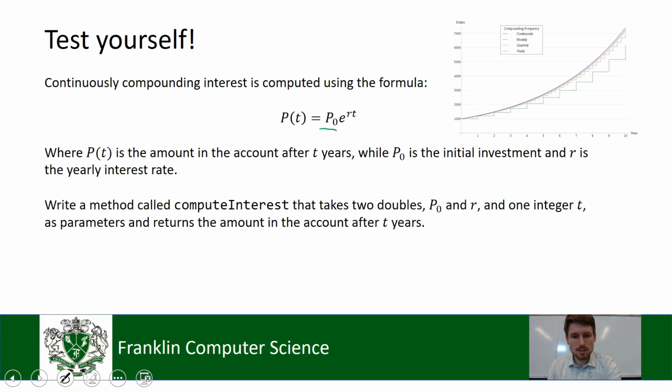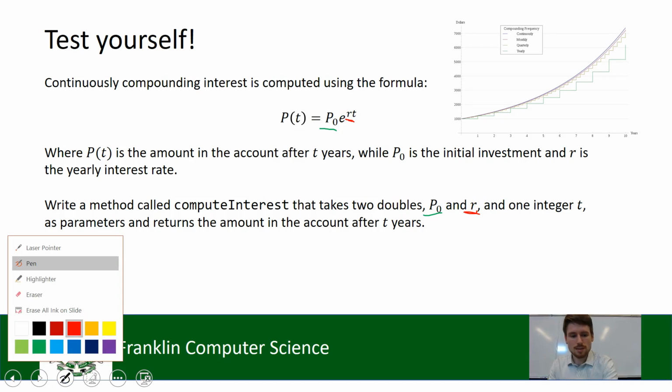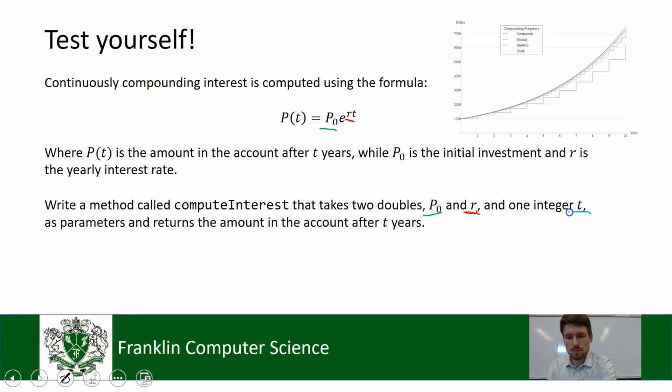So P naught, the interest rate, those are both going to be doubles, and then the integer for a number of years, that's the t part. And E is a constant that you have access to from the math library. So go ahead and pause the video, test this method out yourself, and then check your work after you're done.